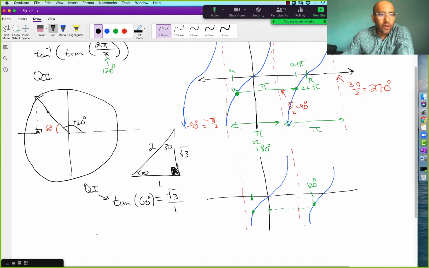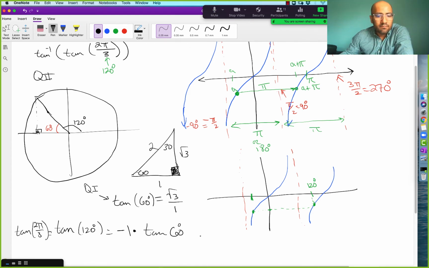Good. Okay, so tangent of 120 degrees then, which was equivalent to our original statement of tangent of 2 pi over 3, is equal to tangent of 120 degrees, which is equal to -1 times tangent of 60 degrees, which is equivalent to -root 3.